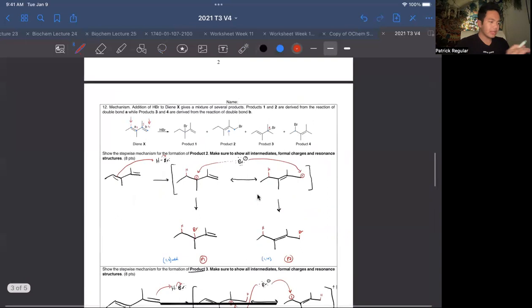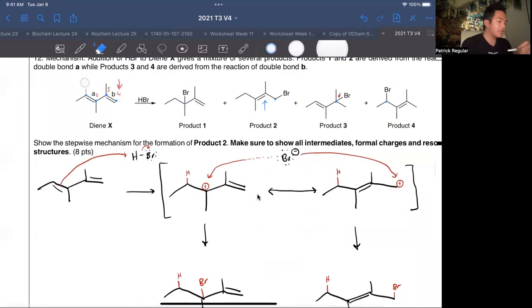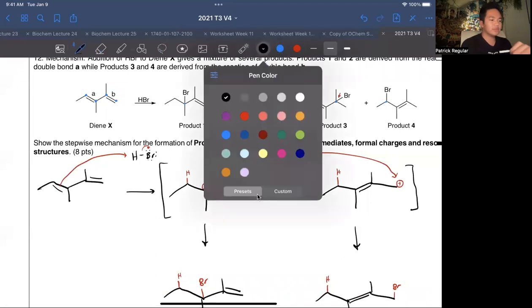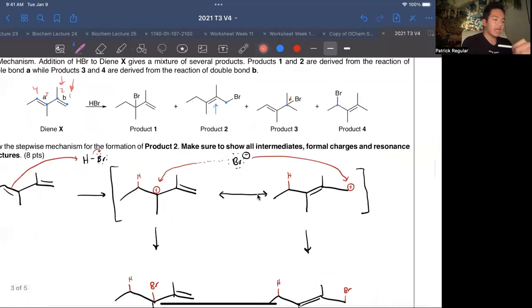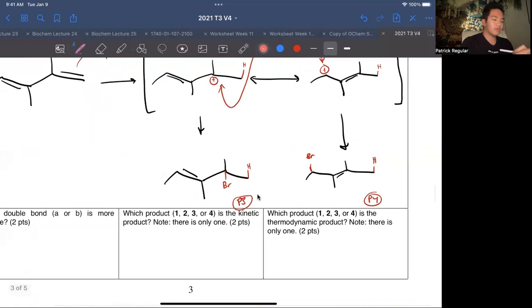So if we're looking at alkene B, remember, let's keep it relative. If we had the normal 1,2 addition, 1, 2, 3, 4. Again, remember, it's relative. Relative 1,2 addition. Well, if we just added across the 1 and the 2, that's product number 3 right here. We added to the 1 and to the 2. So our product 3 is 1,2 addition.